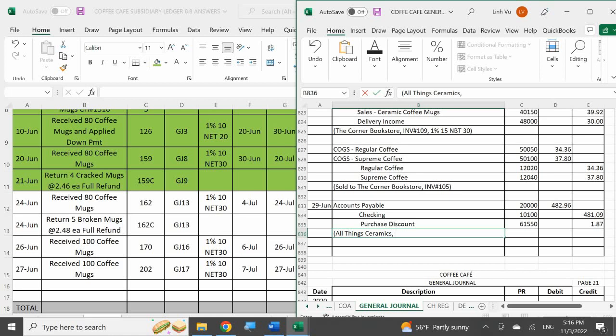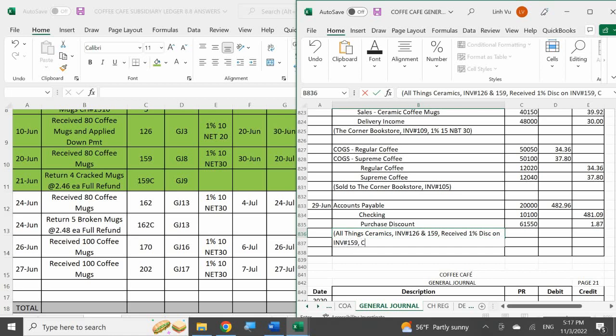Okay, for invoice number 126 and 159, you received a 1% discount on purchase on invoice 159.